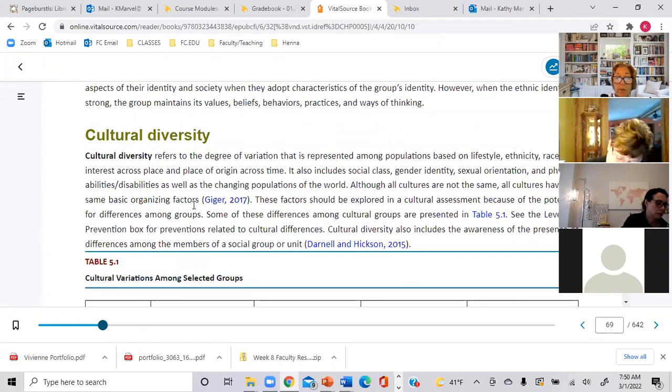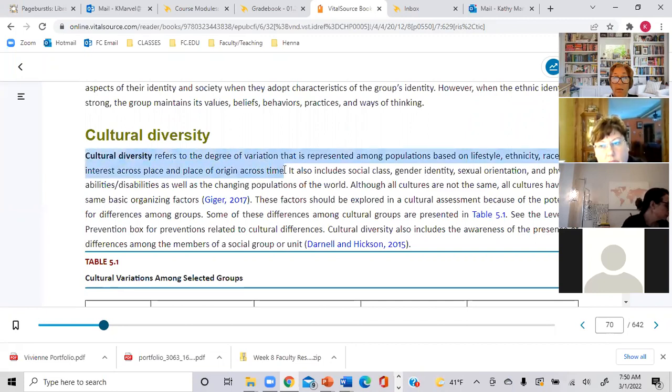And then cultural diversity. What is cultural diversity? We just talked about this in the outline. Cultural diversity refers to the degree of variation that is represented among populations based on lifestyle, ethnicity, race, and interest, across place and place of origin, across time. We just went through that in the outline.